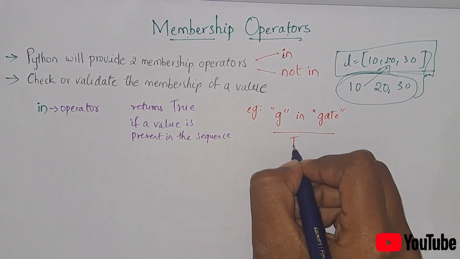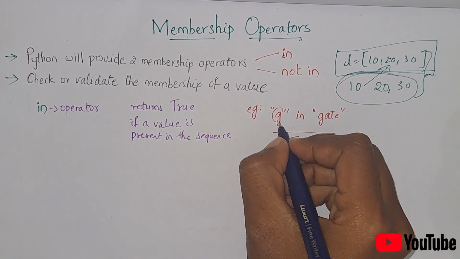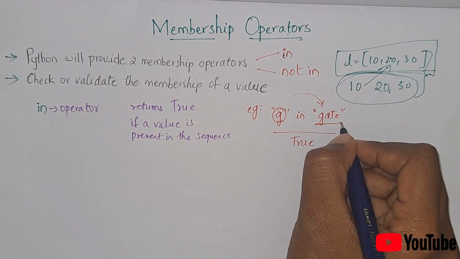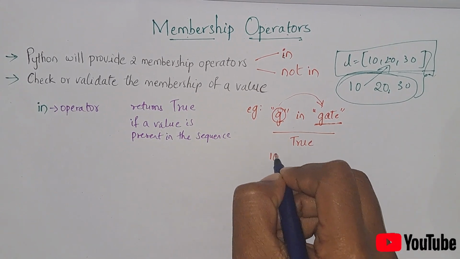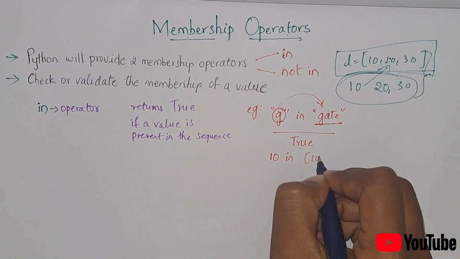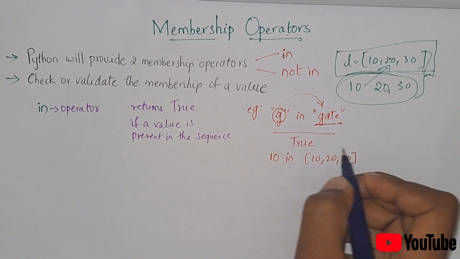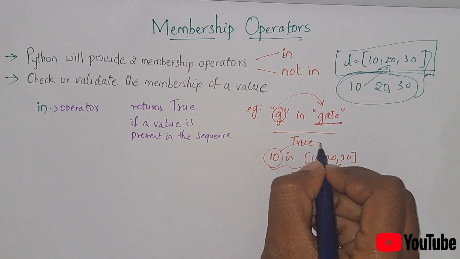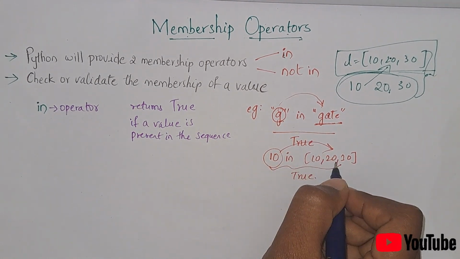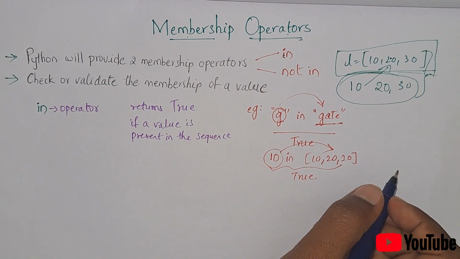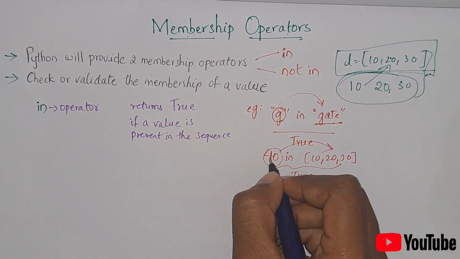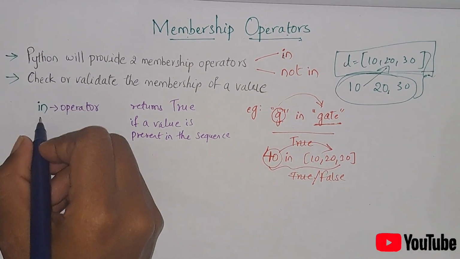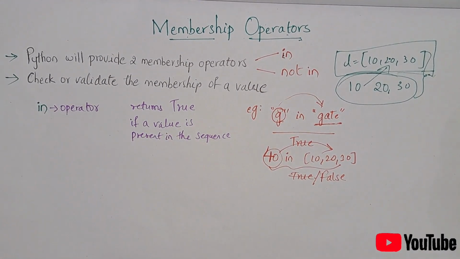This will return true because the character G is present in this string. Or you can take 10 in 10, 20, 30. This also returns true because the value 10 is present in the sequence. If it is not present, for example 40, then it will return false. This is how the in operator works.